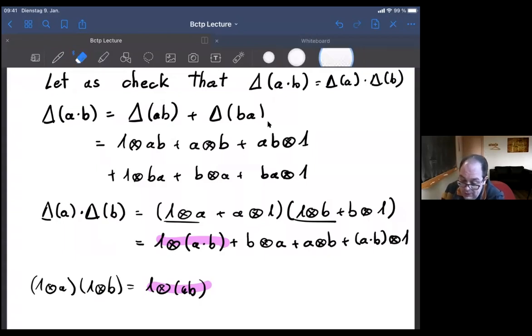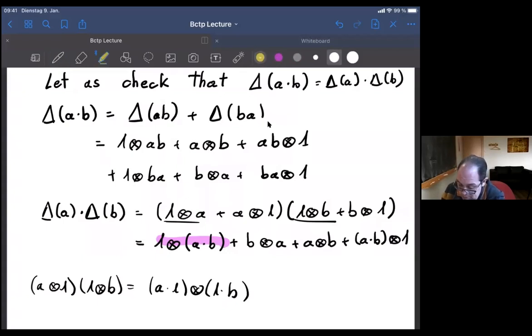I could also have this guy. Then clearly with this component-wise, I would get A times 1 times B, which is this. And I guess you can see how all the other terms come about.